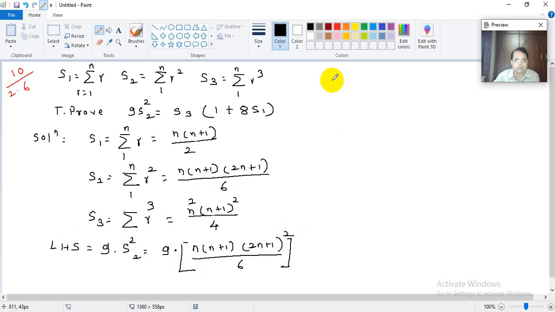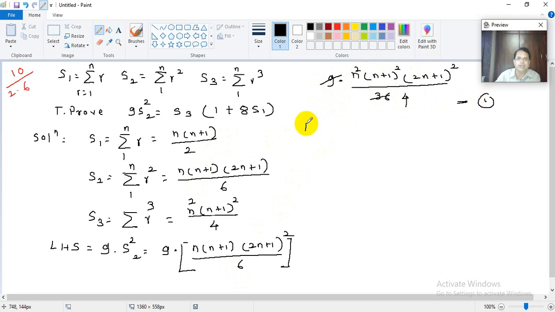So it is 9 into n squared, n plus 1 squared, 2n plus 1 squared, divided by 36. The square of 6 is 36, and 9 into 4 is 36, so cancelling, 4 comes here. So your left hand side is n squared, n plus 1 squared, 2n plus 1 squared upon 4. This is result 1.